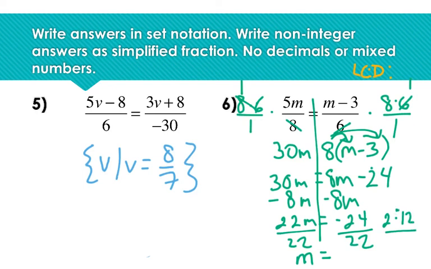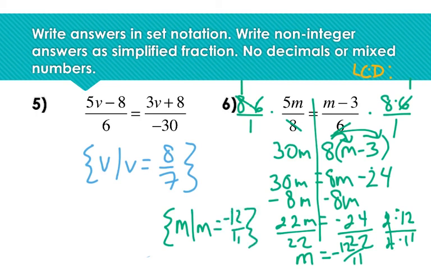We'll write negative 12 there. And then we have 2 times 11. The 2's will simplify. We get negative 12 over 11. So in set notation, the set m such that m equals negative 12/11.